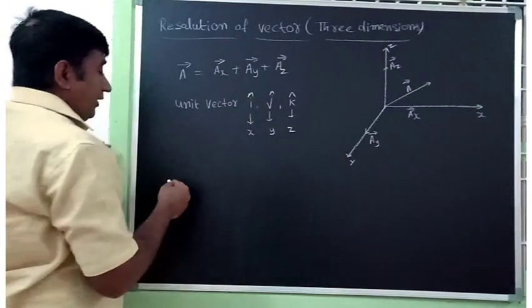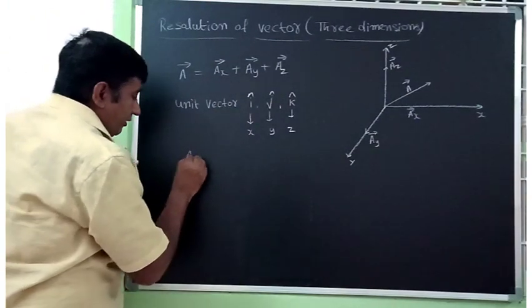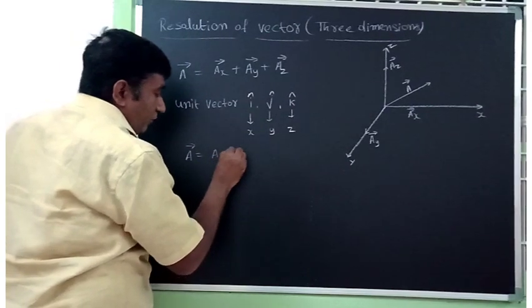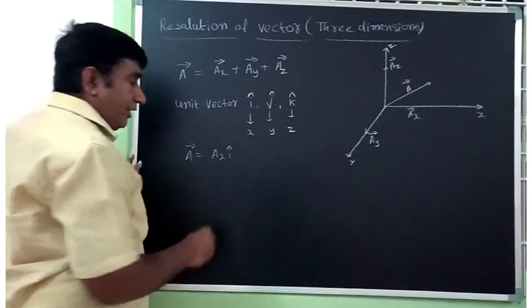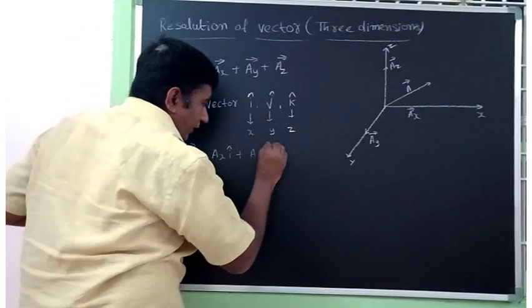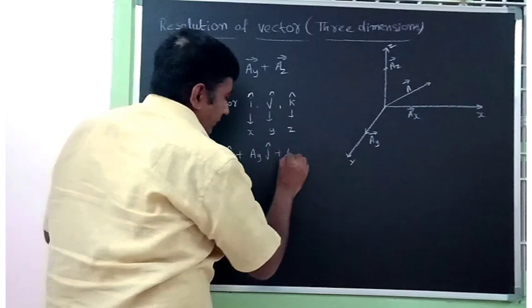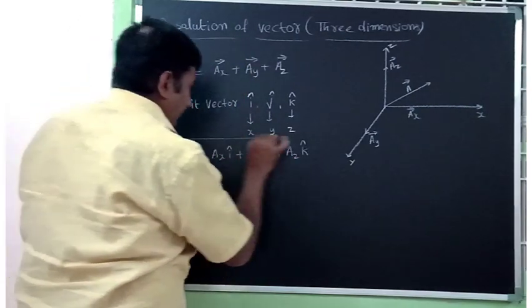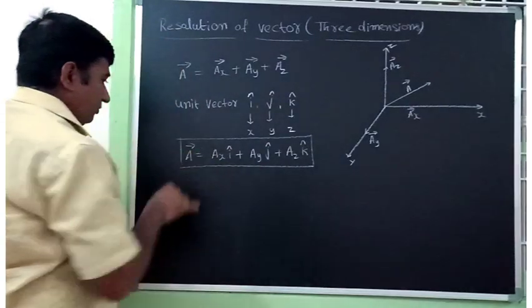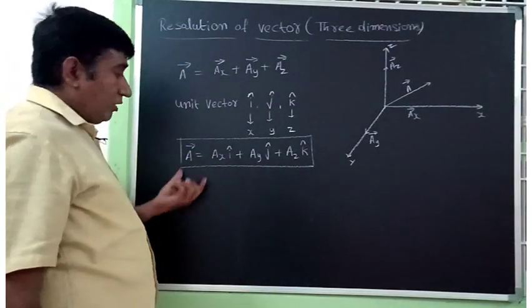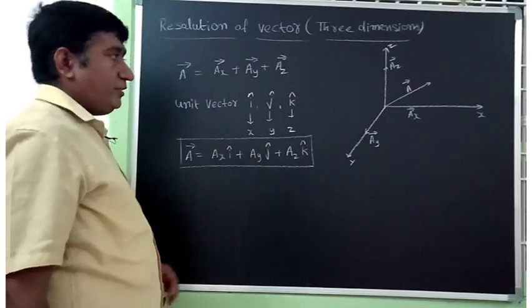So now we can write this A vector as AX, the magnitude of that vector, into i cap plus AY into j cap plus AZ into k cap. In this way we can write the vector in three components along the x-axis, y-axis and z-axis.